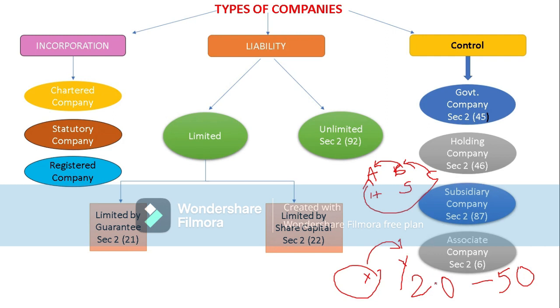So between 20 to 50% means it will be considered an associate company.